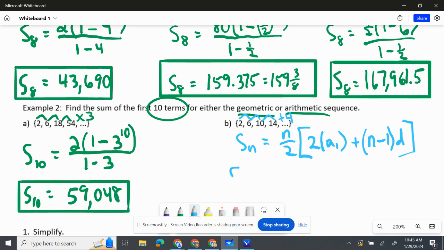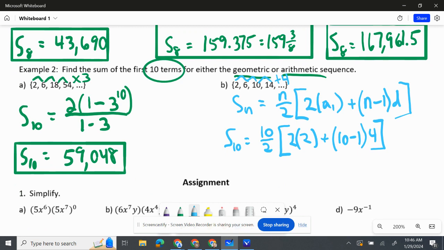And so we're going to find the sum of 10 terms, and we're going to go 10 over 2. And then it's always 2 times the first term, which is 2. And then we have 10 minus 1, and our common difference is 4. Oops, not D, it would be 4. And that right there is going to give us the sum of 200.